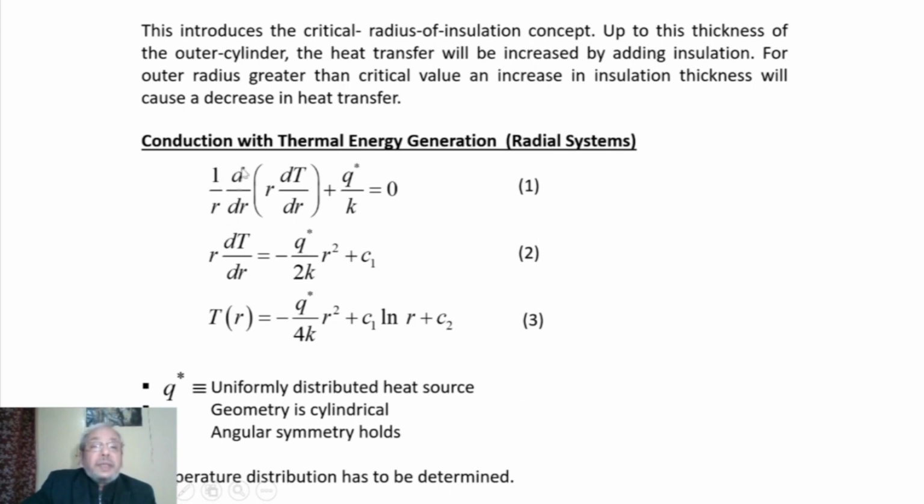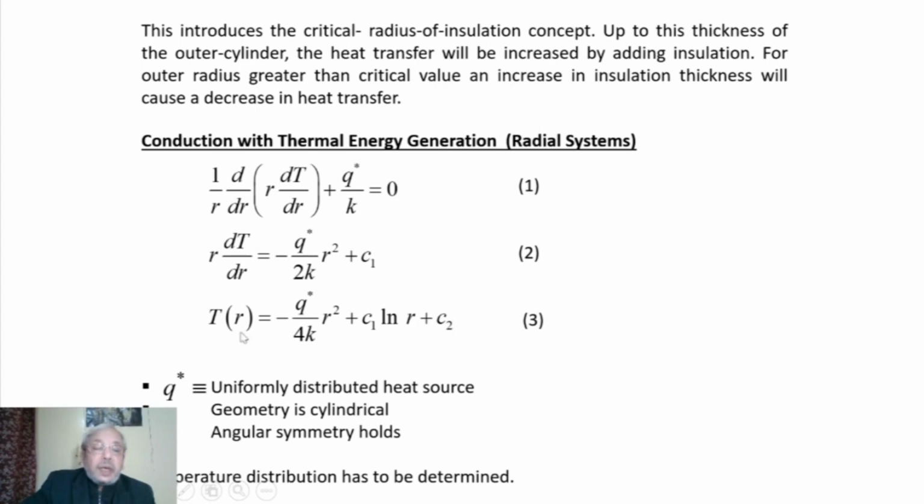And we have written the governing equation: 1 by r d/dr (r dT/dr) plus q star by k equals 0. We integrate once, so we get r dT/dr equal to minus q star by 2k r squared plus C1, and integrating again we get the temperature distribution, minus q star by 4k r squared plus C1 ln r plus C2.